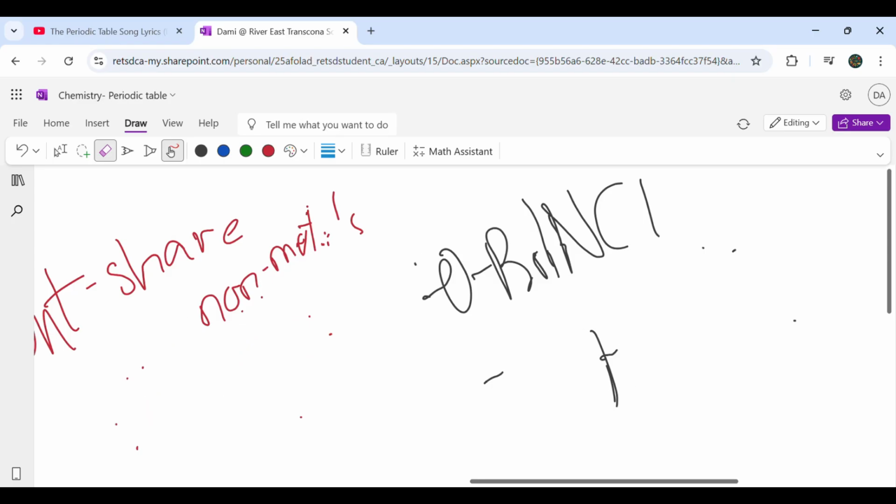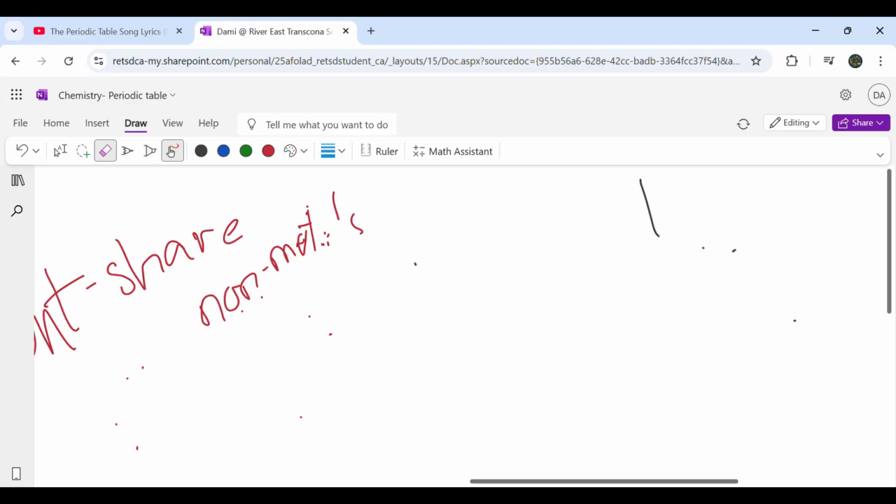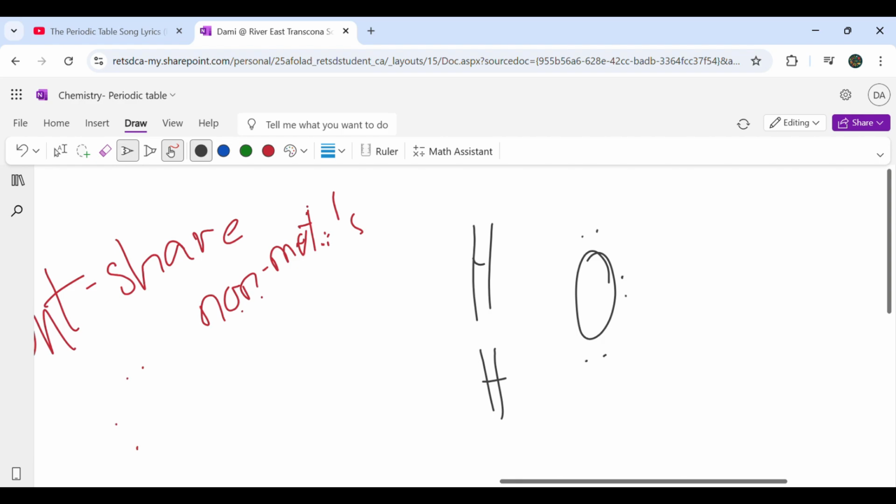Each hydrogen shares one electron with oxygen. They bond like this: hydrogen, hydrogen, oxygen. And that's how they bond.